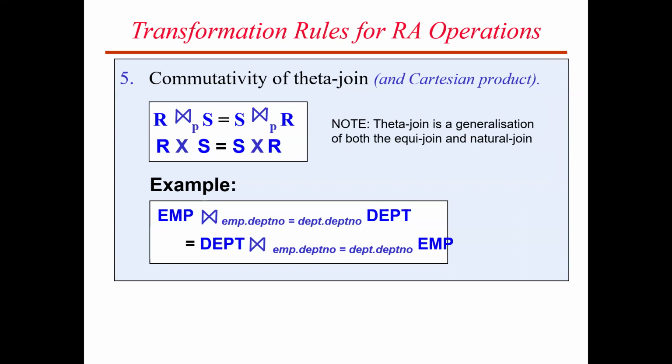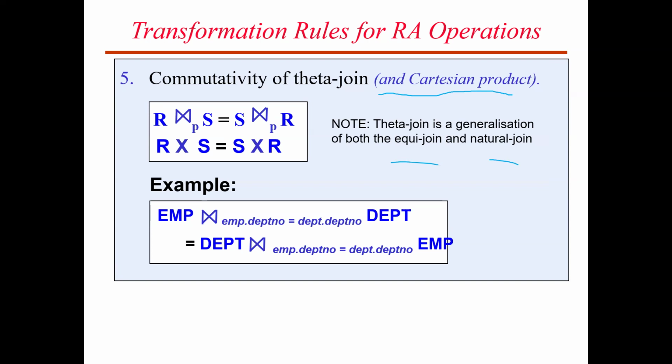Commutativity of theta join and the Cartesian product. Theta join is a form of join which combines the natural join and equijoin also.